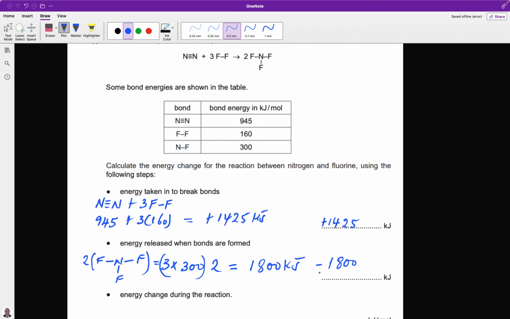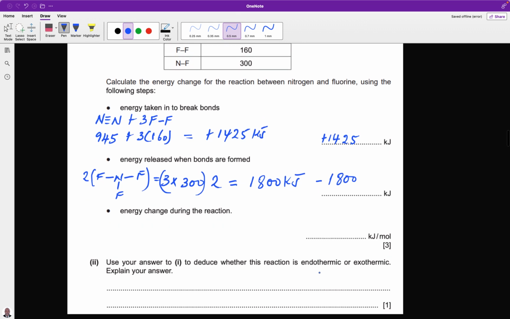Now, the energy change during the reaction. There are 2 ways. You can add these figures and you have the energy change during the reaction.